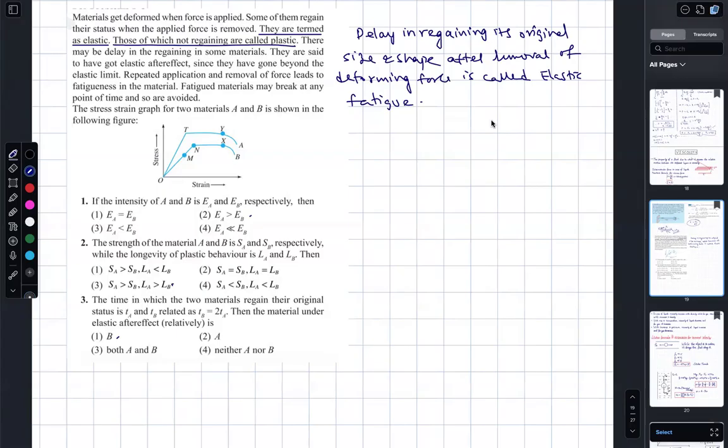Right. Yeah, you can try. What is this region?